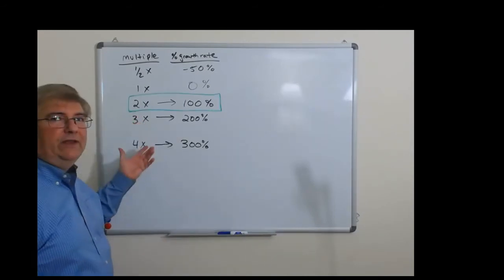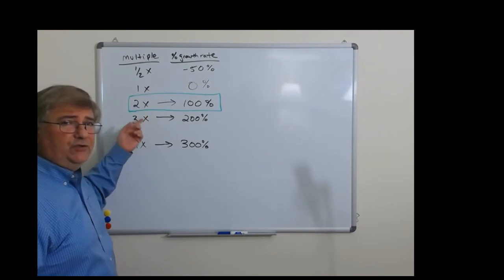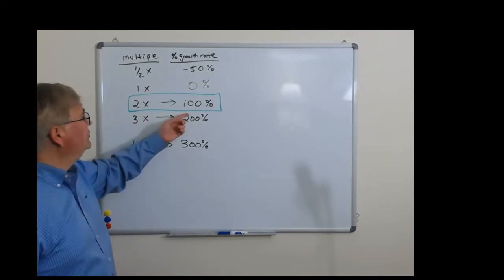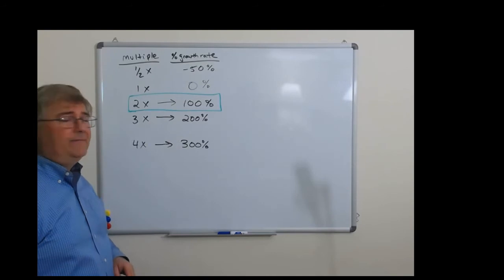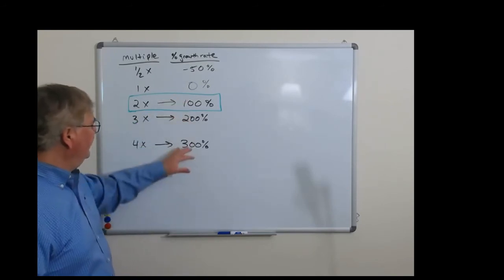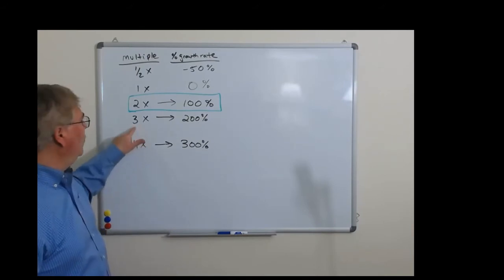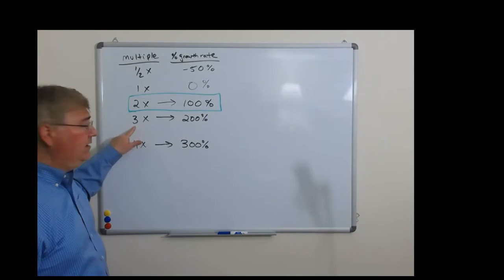So I think the key one that you should remember is this one right here. A double, 2x, is always equal to a 100% growth rate, not 200%. From here, you can always get the others by just bumping down the multiple number by 1. Subtract 1 from here.